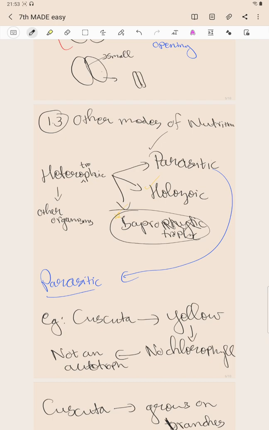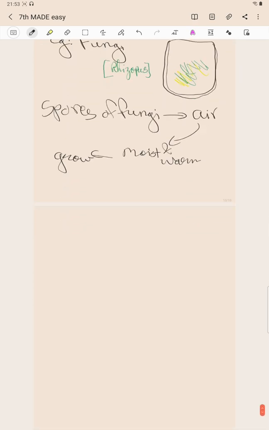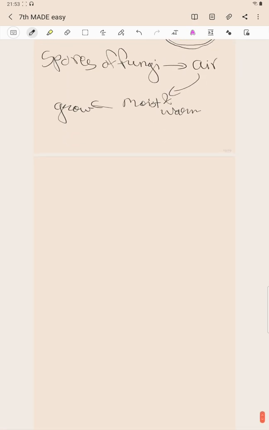There is an important relationship which the plant shows with other organisms in order to obtain food. This is known as symbiosis.